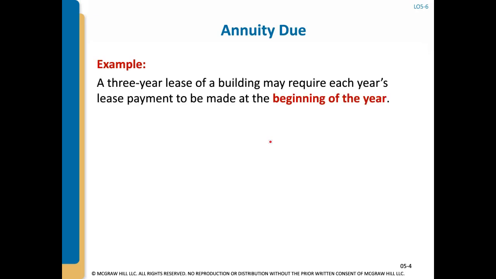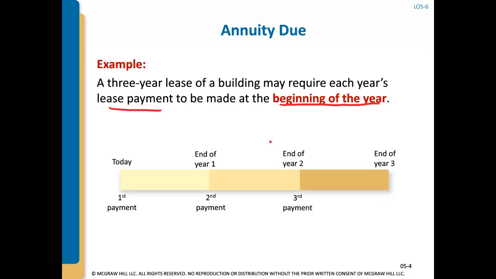Annuity due is when we make the payments at the beginning of the year. So a 3-year lease of a building may require each year's lease payment to be made at the beginning of the year. Let's say we have a lease agreement for 3 years, and today's 1/1/X1.